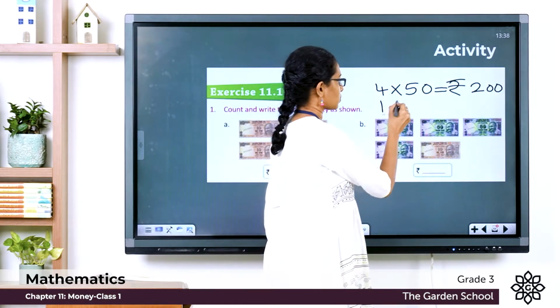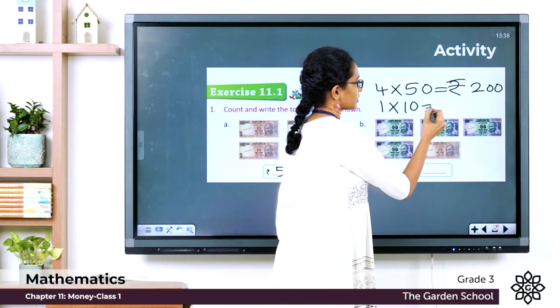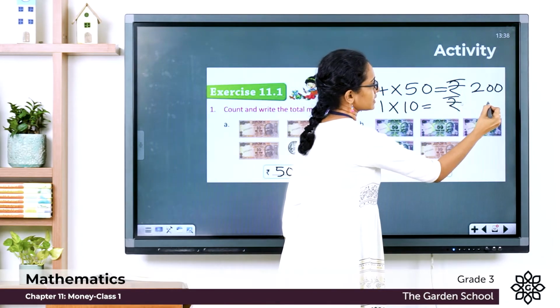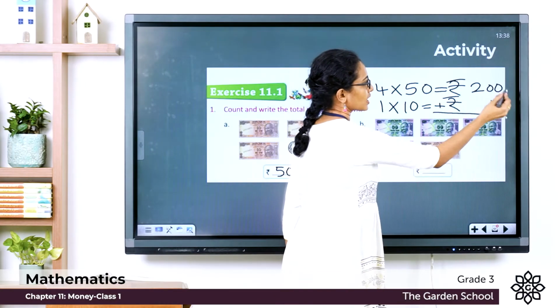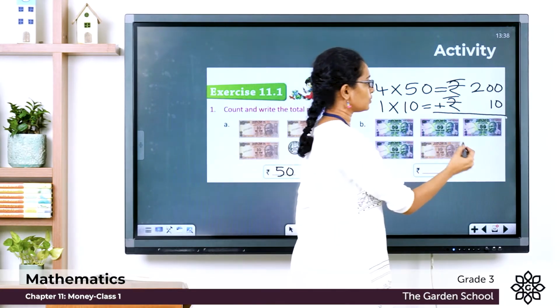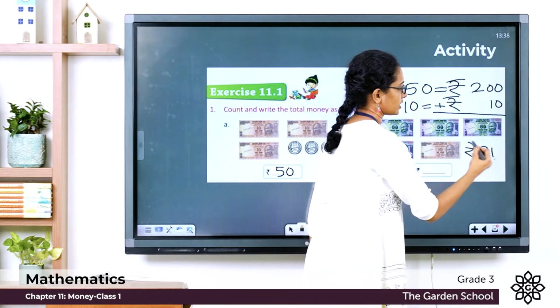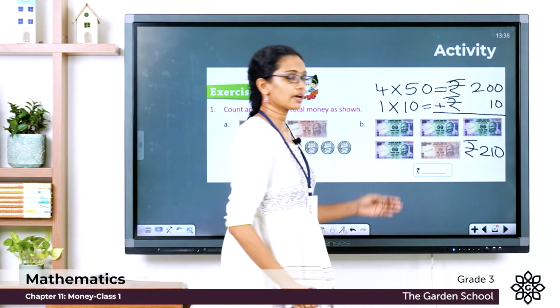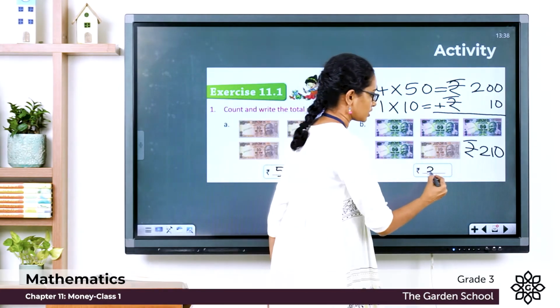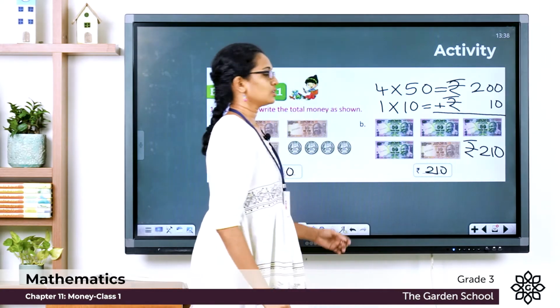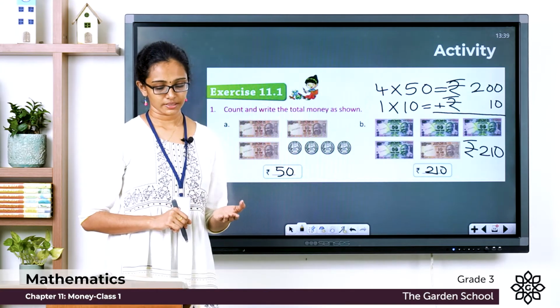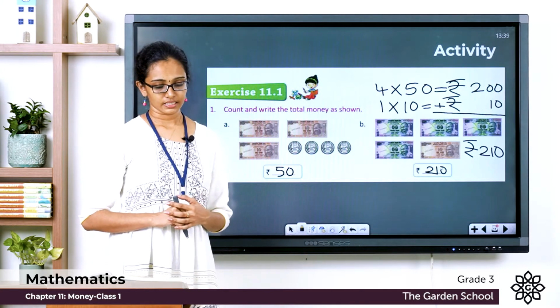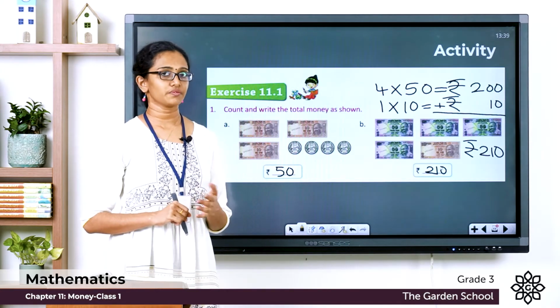So that means it is 1 into 10, which is equal to rupees 10. Now you have to add these two. So 200 plus 10 is equal to rupees 210. So the equivalent amount here is equal to rupees 210. So I hope you understood these two questions. There are two more questions, question 1C and 1D under the same question that you have to do yourself.